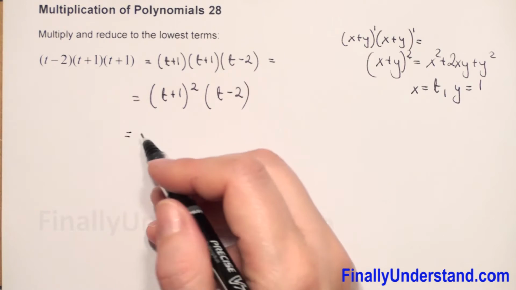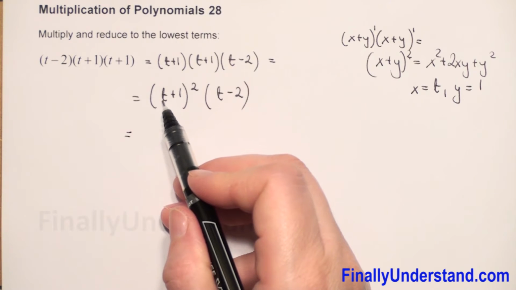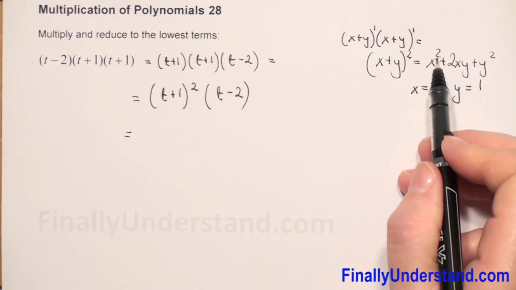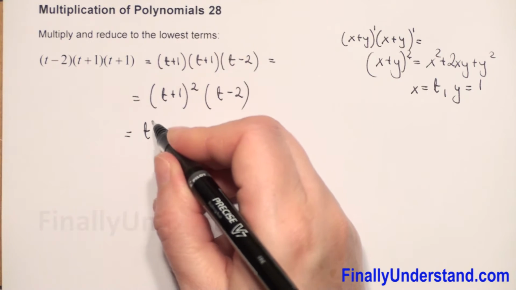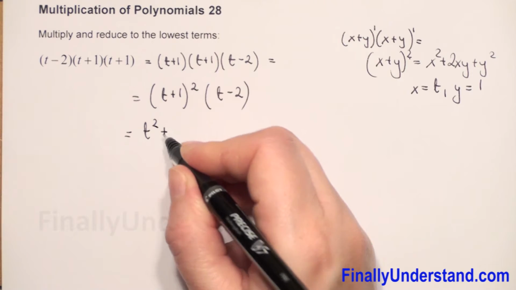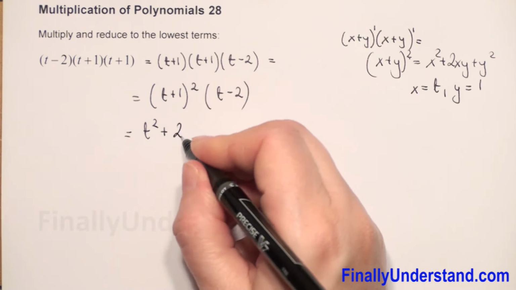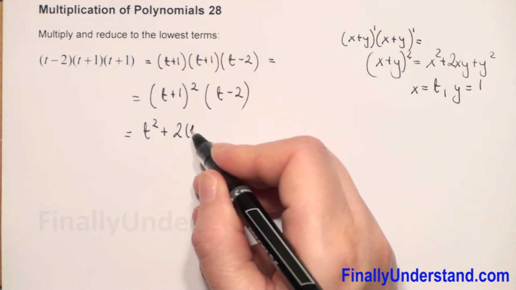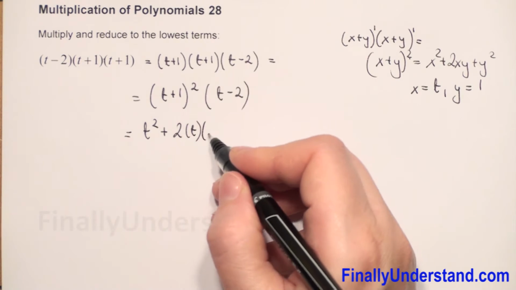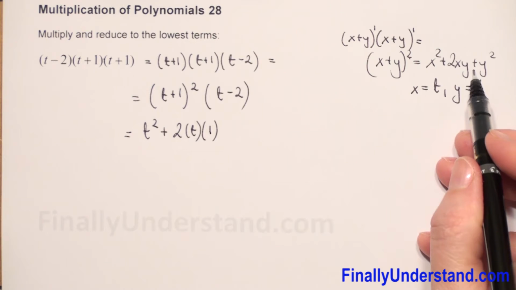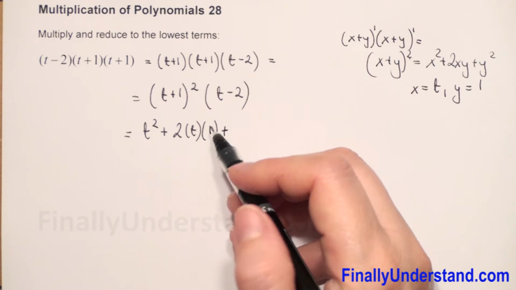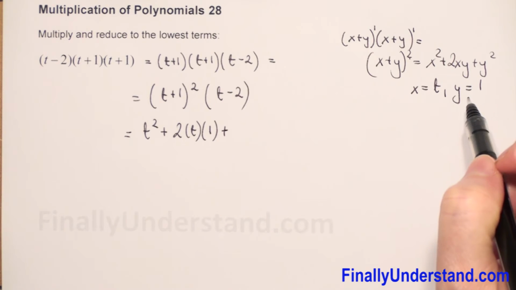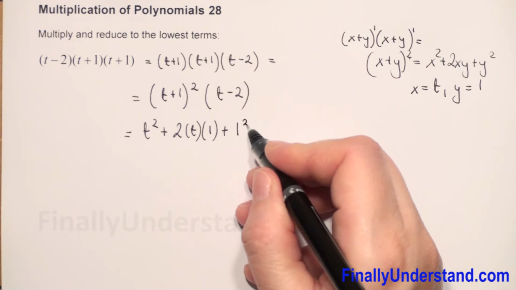First we have to take the first expression to the second power. So it will be t squared plus, next we have to write 2 times the first expression t and the second is 1, so times 1. And at the end we have plus y to second power. In our example, y is 1, so we have 1 to second power.